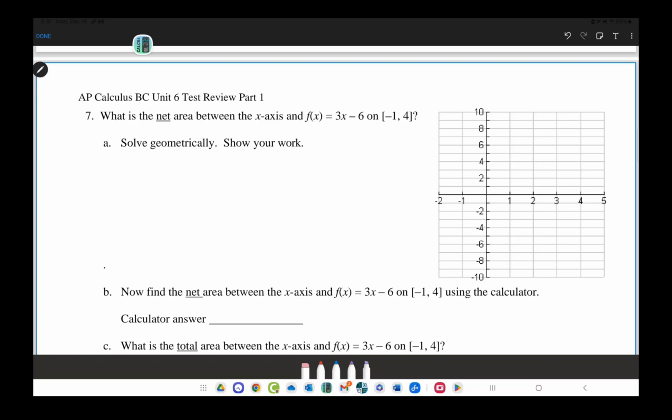You do need to know the difference between total and net. Total is absolute value. Net is if it's below the x-axis, it's negative. It's not that hard either. There are a lot of triangles and stuff like that.